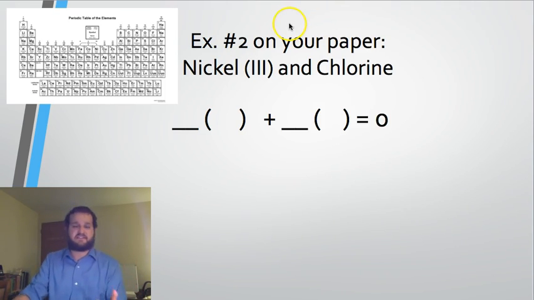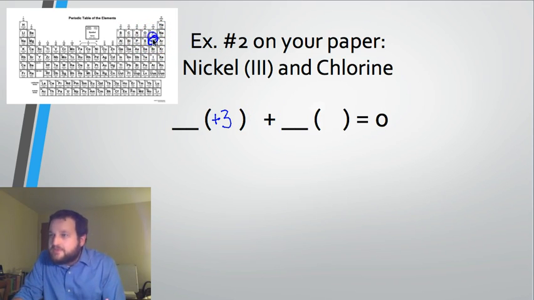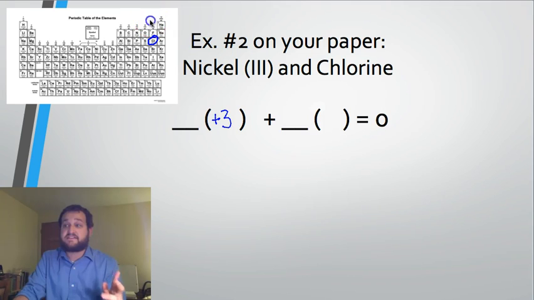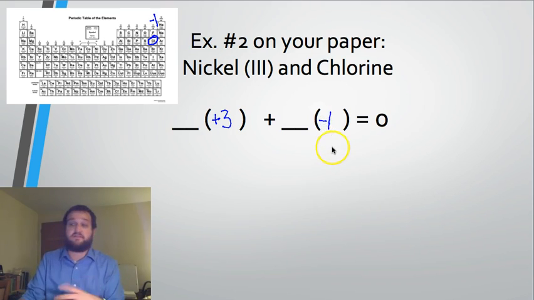So let's go back to this. We have nickel(III). So I can go ahead and plug in, I'm going to change my color here so it's a little bit easier to see, +3 for the oxidation state for nickel. And for chlorine, well, I know that chlorine is right here on the periodic table, right? It's within that group of halogens with a -1 valence charge or oxidation state.